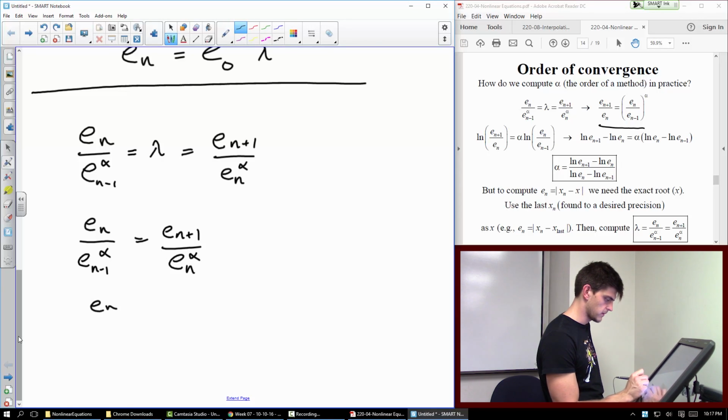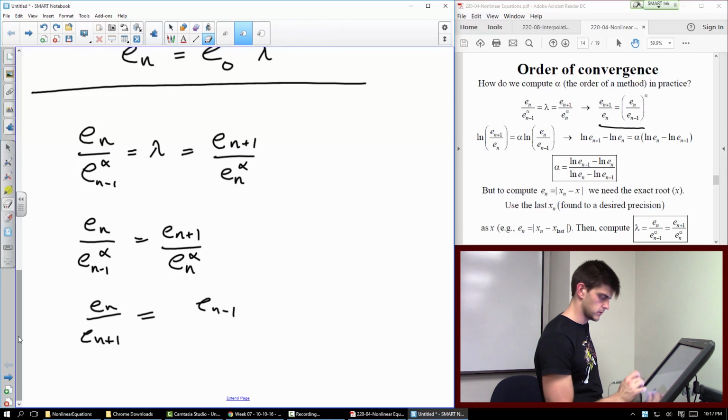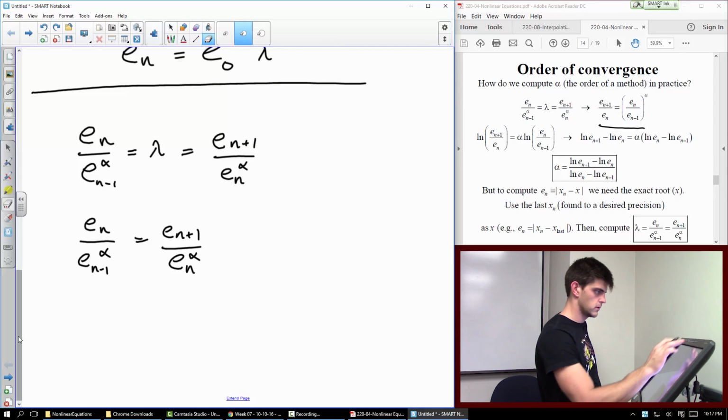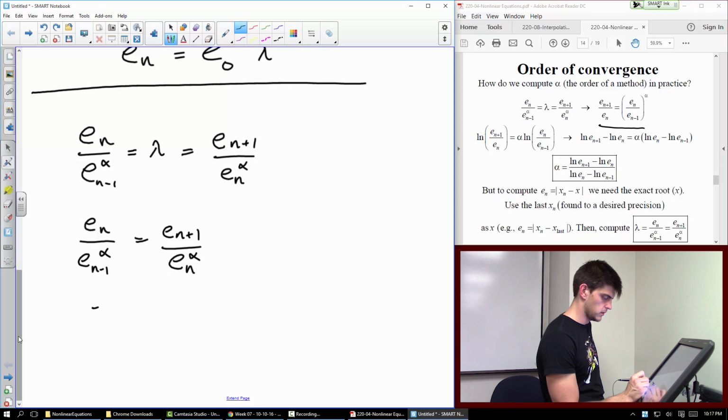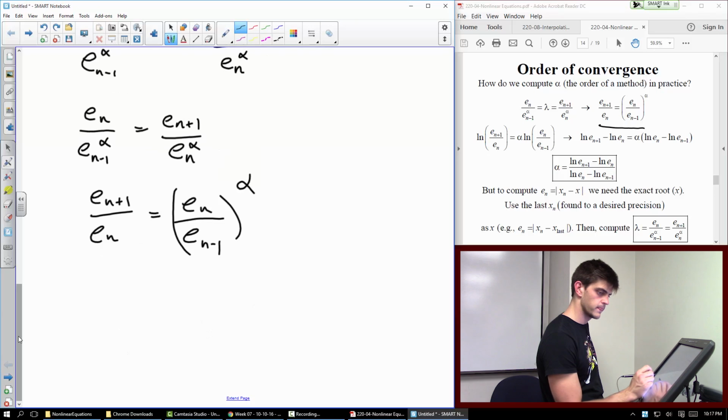Okay, so we have e sub n over e sub n minus 1. Okay, no, they did it differently. Not that it matters. Just want to be consistent though. e sub n plus 1 over e sub n, equals e sub n over e sub n minus 1, whole thing raised to the alpha. You're going to take the logarithm of this on both sides of the equation.